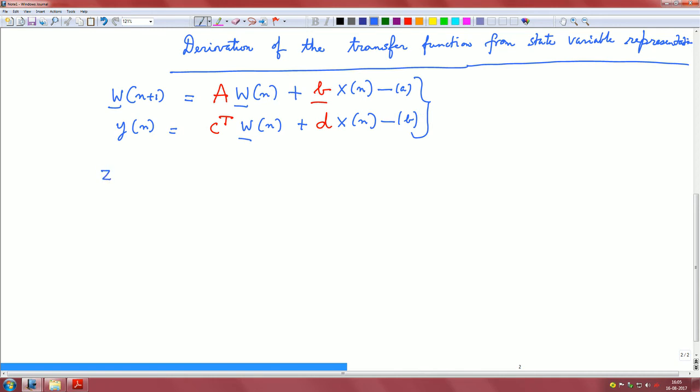So Z times W of Z is basically A times W of Z plus B times x of z. This is a vector.